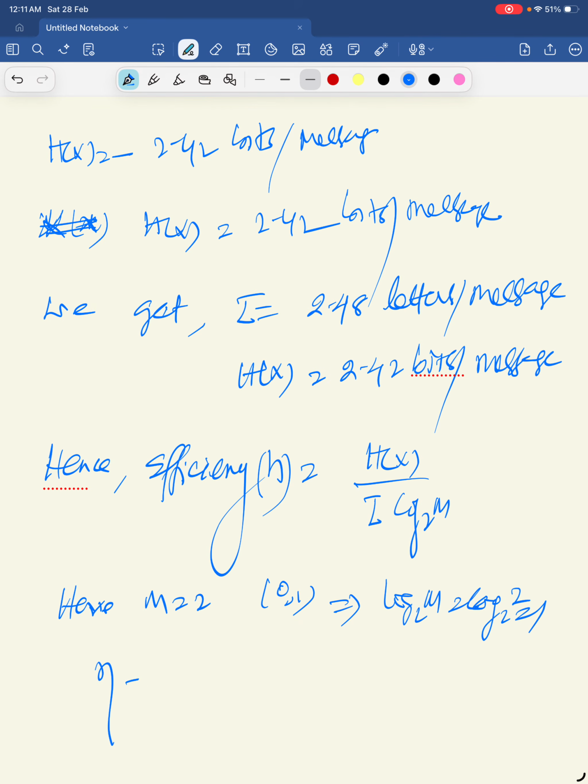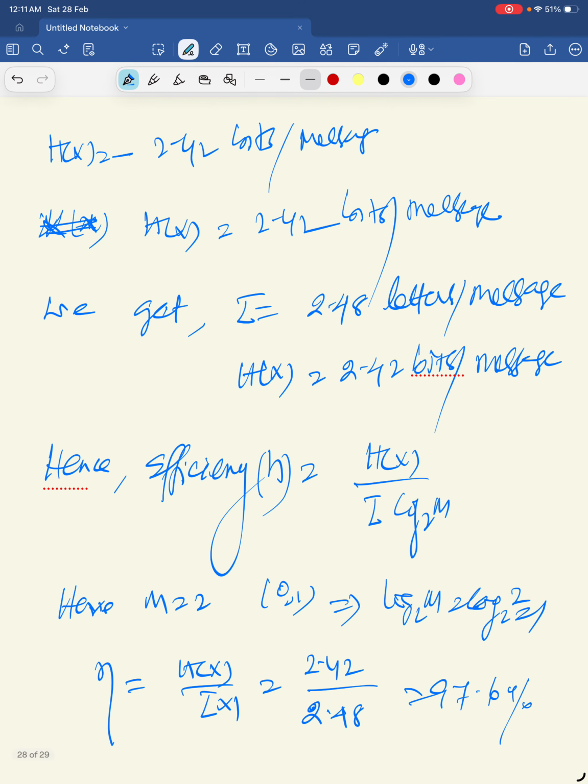That makes efficiency eta equal to H x by L bar into 1. So H x is 2.42 divided by 2.48 as L bar. If we calculate it, it will give 97.6%. So that is the efficiency.